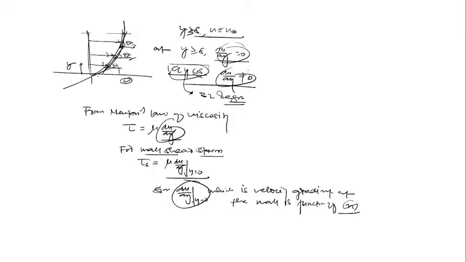Then since the velocity gradient is a function of x, tau will also be a function of x. Hence tau s is also a function of x. Yes or no? So surface shear stress or surface momentum flux is also a function of x.